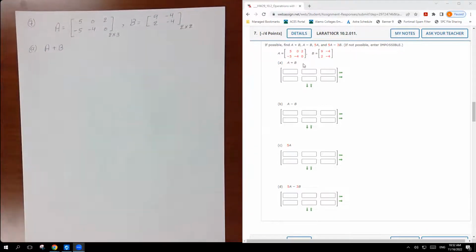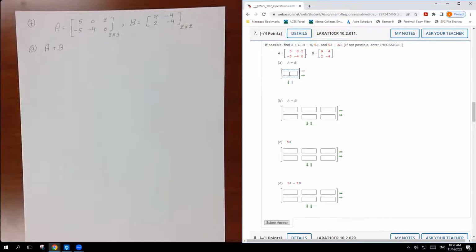So in this case, we're going to type here. I think we have to do it like this. We're going to type impossible. Because you can't add these together. So just type impossible.